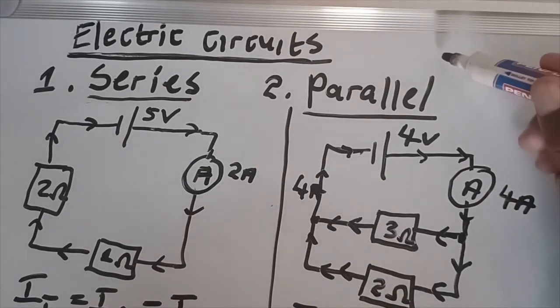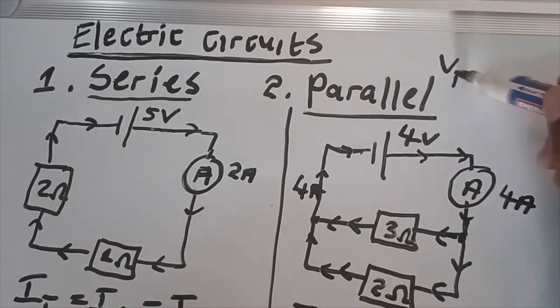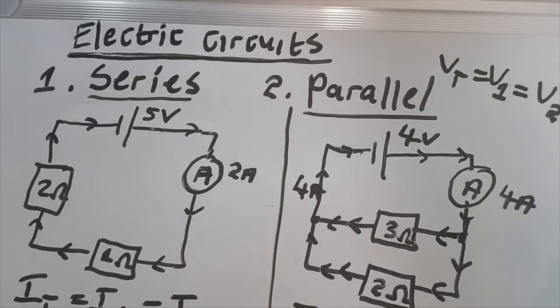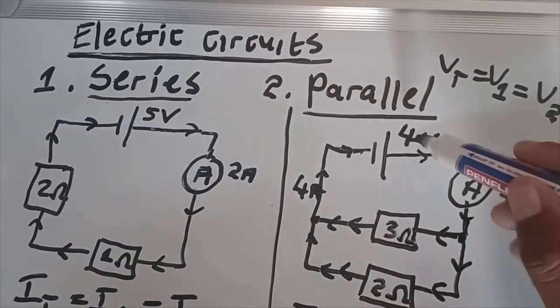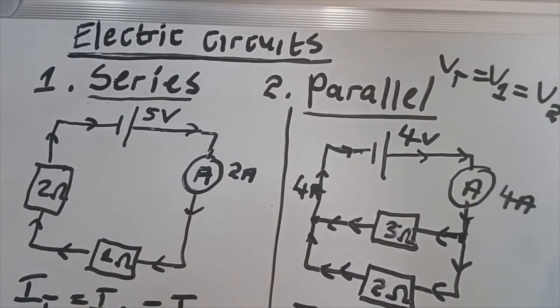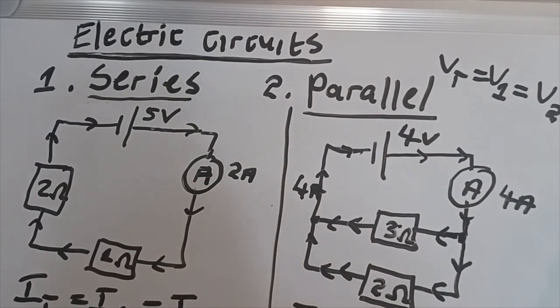So the total voltage is going to be the same as the voltage of resistor 1, which is the same as the voltage of resistor 2. Okay, so this 4 volt is going to pass here, and is also going to pass here, so it is the same. Okay, so you have to know that at all times. So you can see here it's different in series: the total voltage is the combination of the voltages of these two resistors.